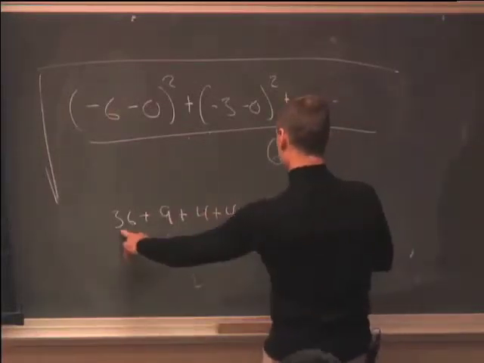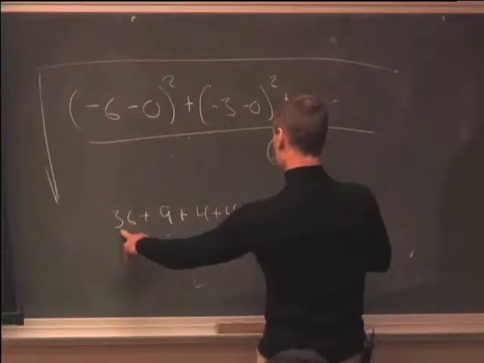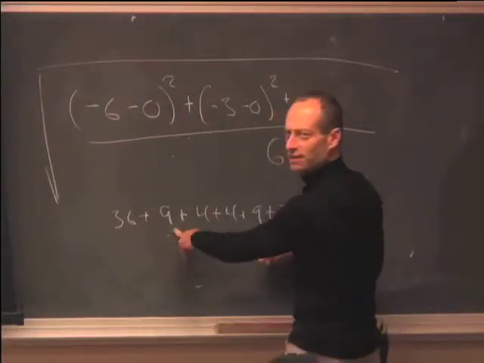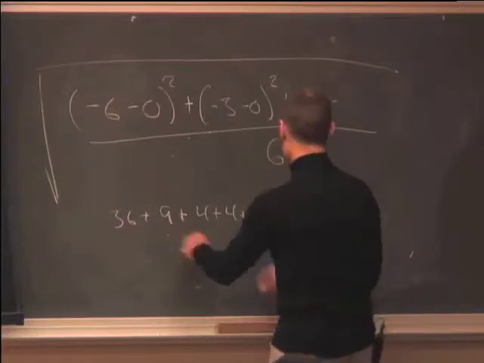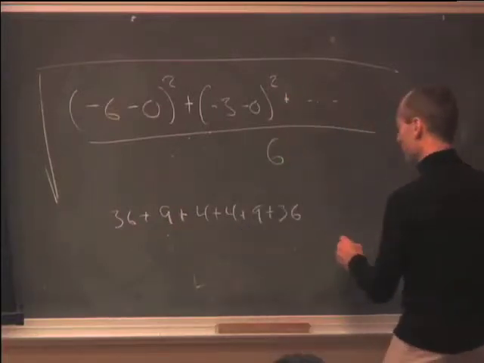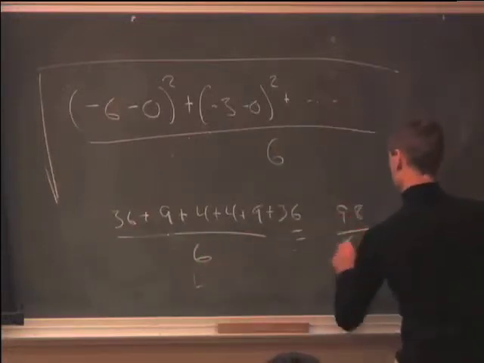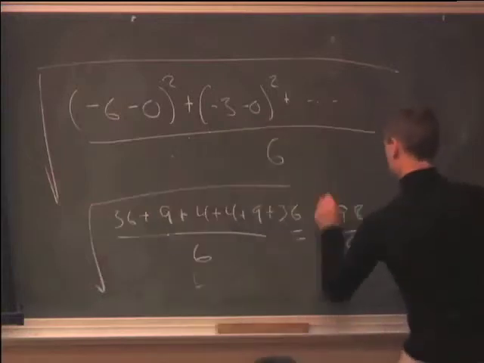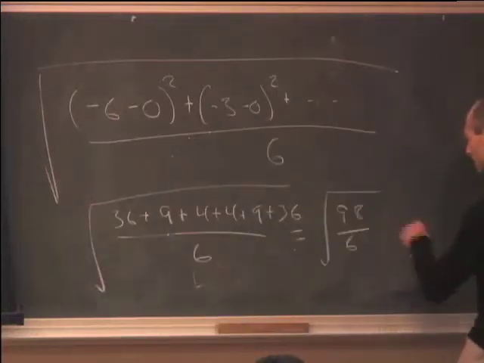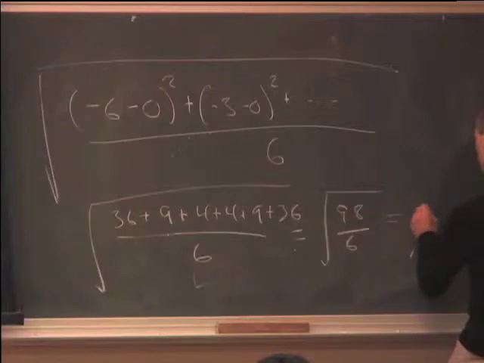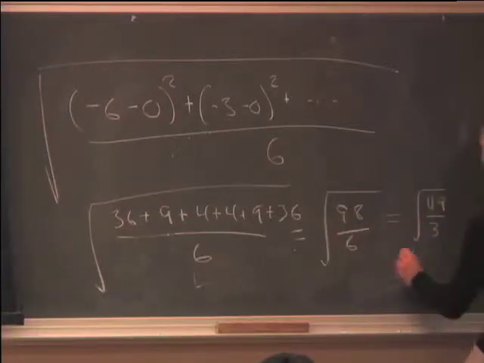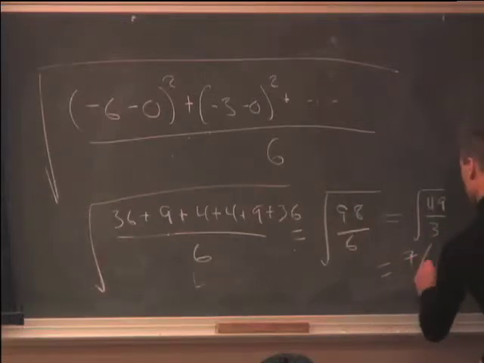That looks like 40 twice is 80 plus 18 is 98. So we've got 98 divided by 6. 98 divided by 2 is 49, which is 7 squared, so that's not going to be divisible by 3. This is the square root of 49 over 3, which looks like 7 over the square root of 3.